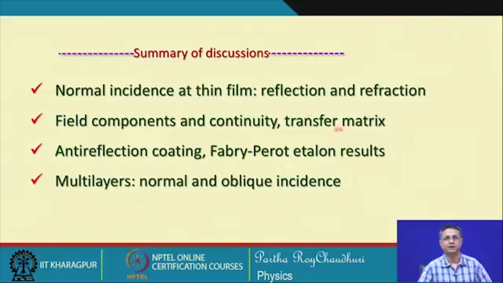From there, we showed the principle of anti-reflection coating, and the old result of the Fabry-Perot etalon in terms of the Finesse constant for transmittivity and for reflectivity. We also extended our discussion to multilayer structures, for normal incidence as well as for oblique incidence.